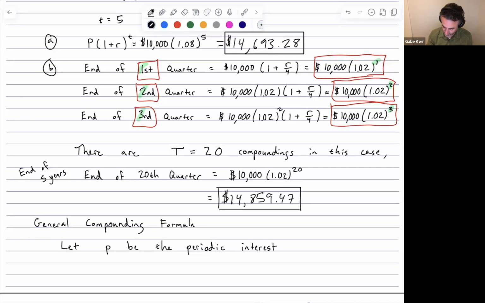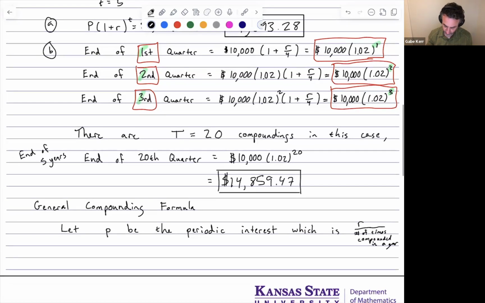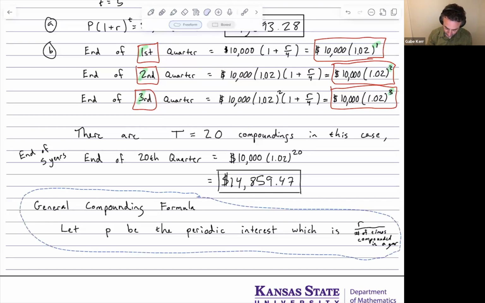That is exactly R over the number of times compounded in a year. You want to think of it that way. That's a pretty messy looking thing. I think I'm going to bring this whole thing down to a new page so that I can see what we're doing here.